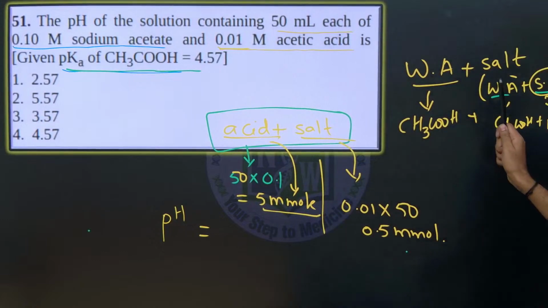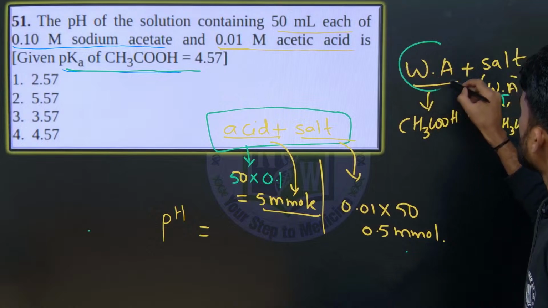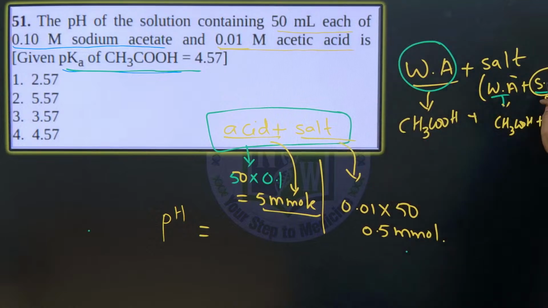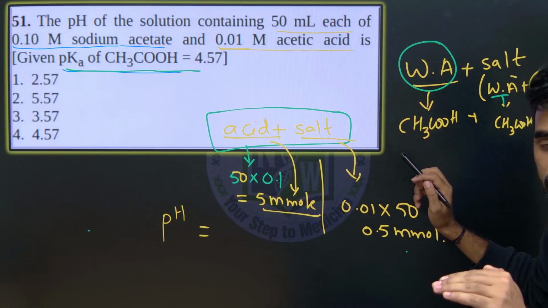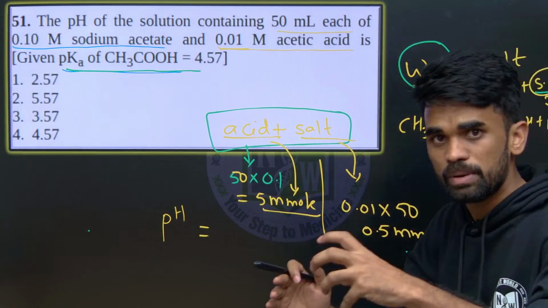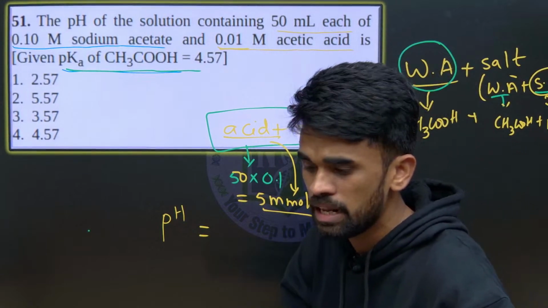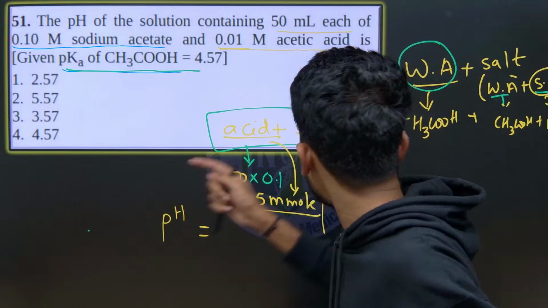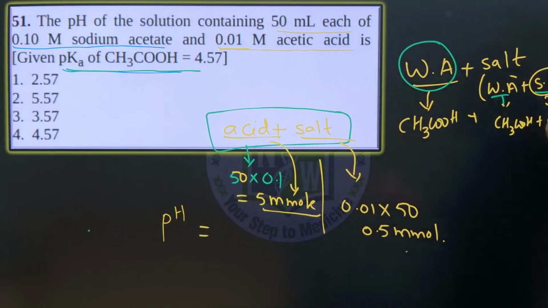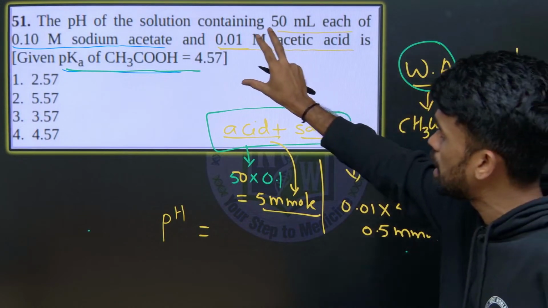So in order to prepare this acidic buffer, we have to take weak acid in larger quantities and strong base in lesser quantities. Therefore the resultant solution will have more weak acid and some amount of the salt formed from weak acid plus strong base. Therefore the resultant solution is called an acidic buffer.